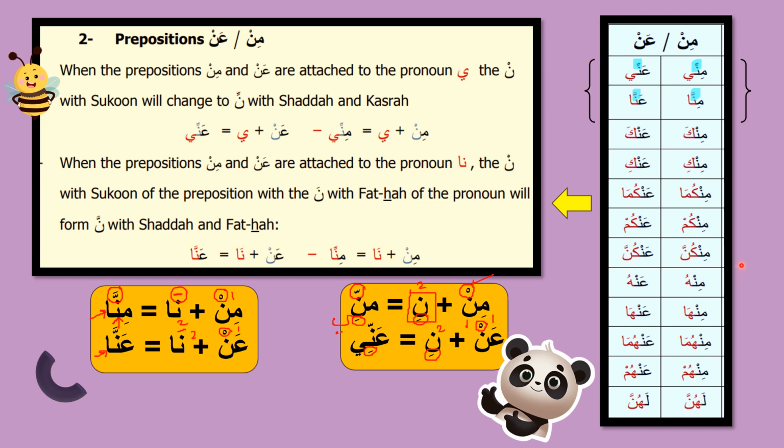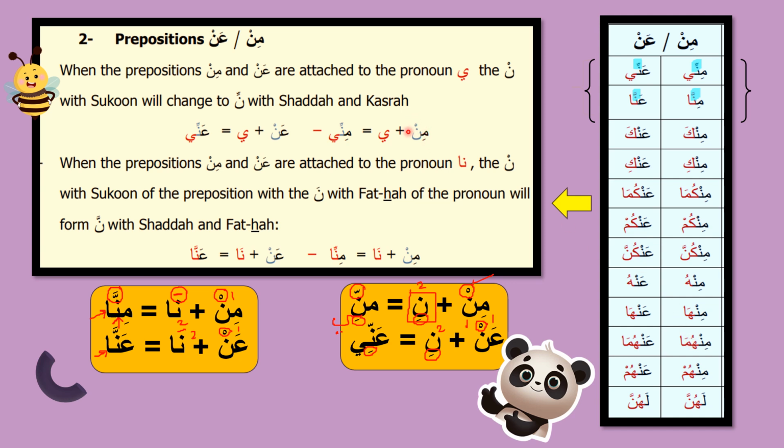So remember, with min and an, the rules are only with the first person, the mutakallim group. These rules apply only with the mutakallim group, and the mukhatib and the ghaib remain as they are.